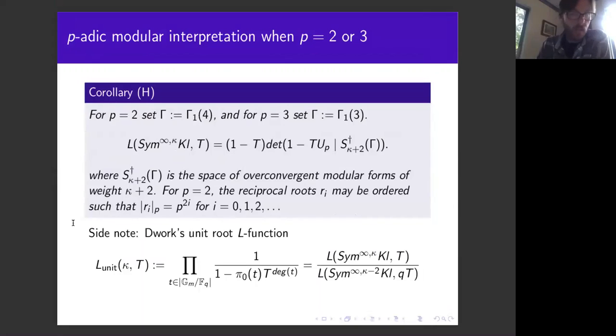All right. Just one question. If you expand out your L function for Sym infinity kappa in powers of t, that's some kind of p-adically convergent series. What ring does that belong to? This one here. Oh, yeah. So I guess it's a determinant. So it's a polynomial. Oh, wait.